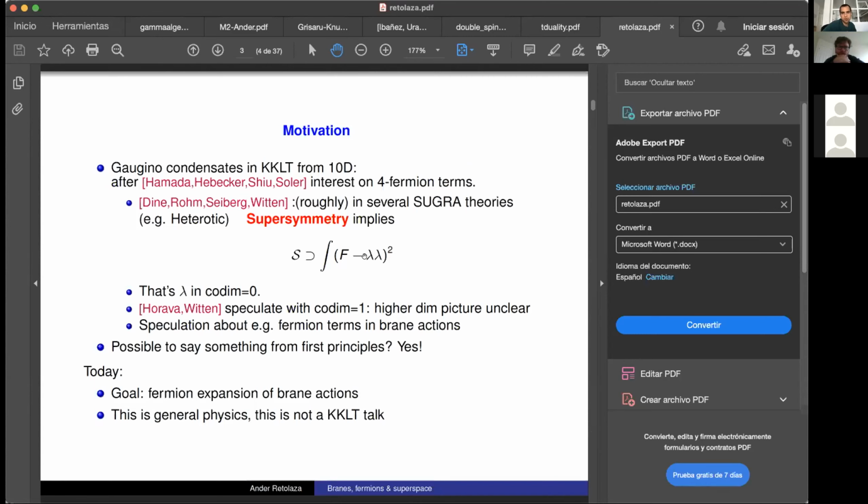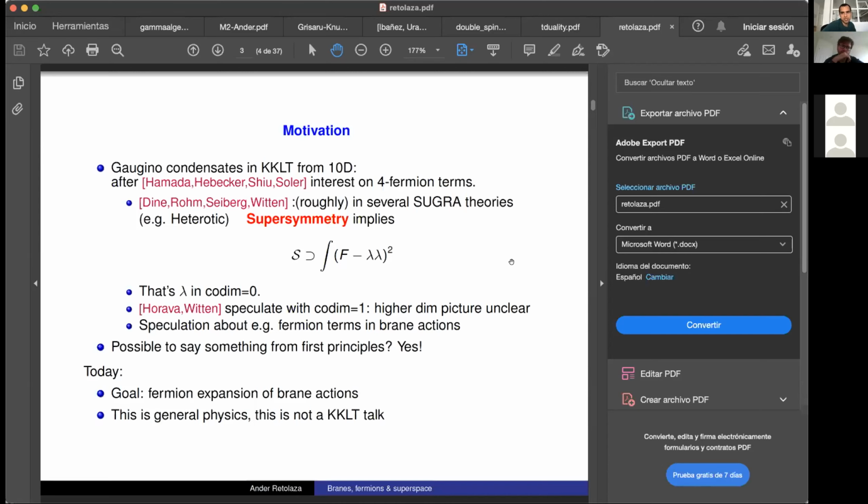Now, this happens when your gauginos live in the same dimensionality as your theory, so they are codimension 0. This is demanded by supersymmetry. But when you go to codimension 1, like in Horava-Witten, or codimension 2, as in KKLT, it really is not clear what happens.